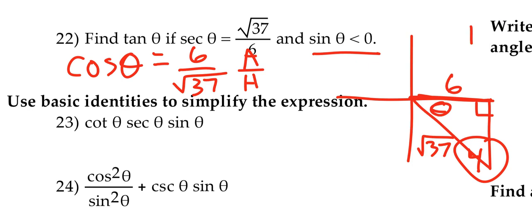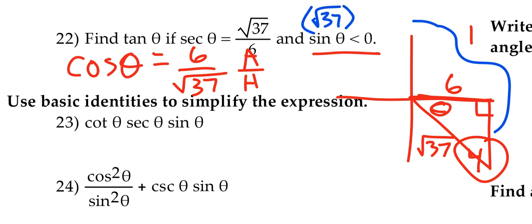Probably going to have to do that up here because I'm running out of room. So we got radical 37, that's the square root of 6 squared plus x squared.